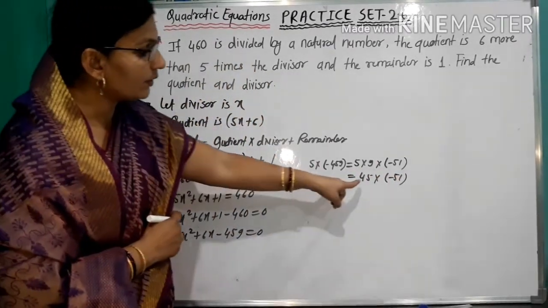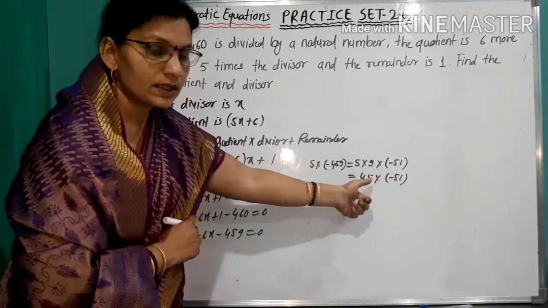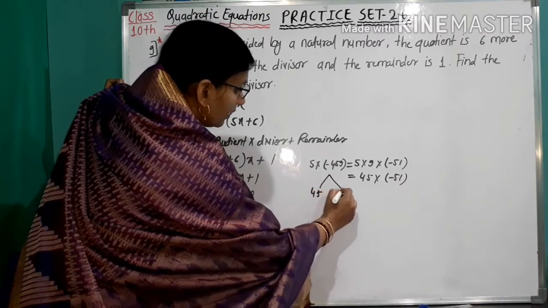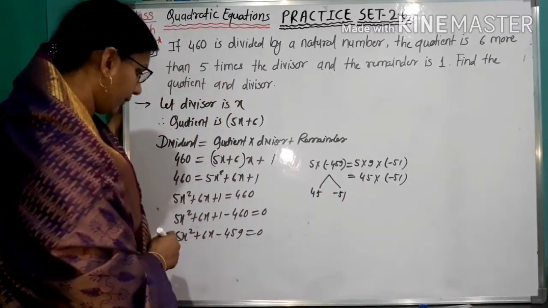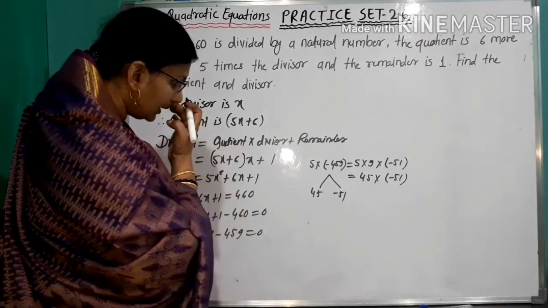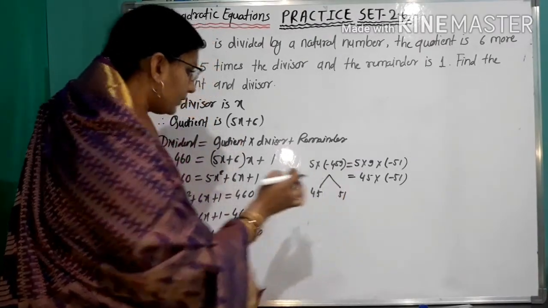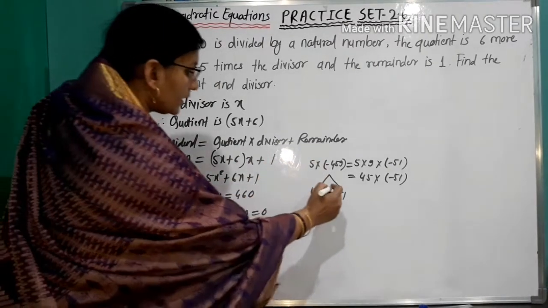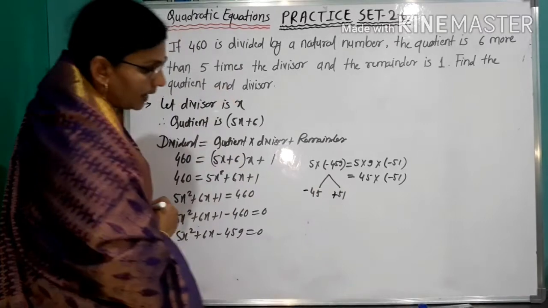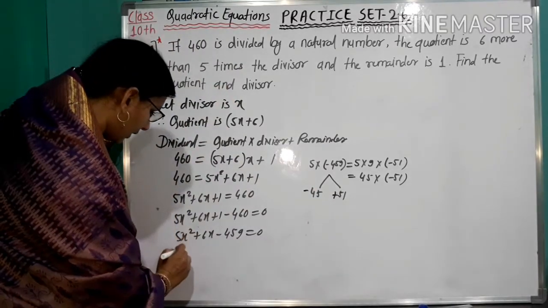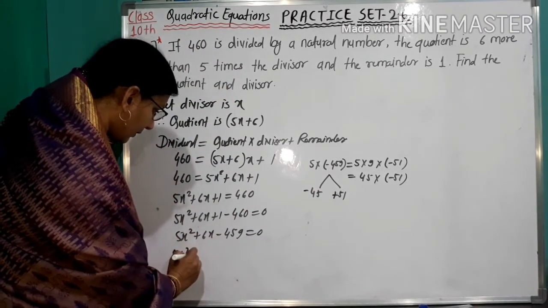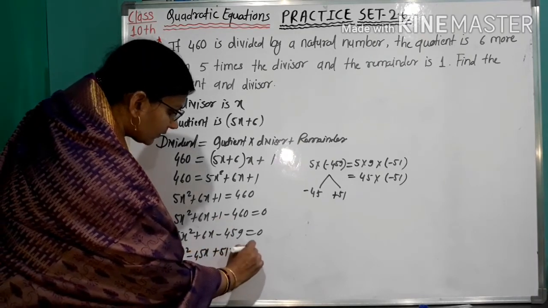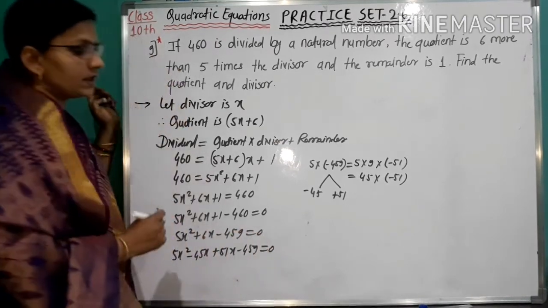Observe the difference between 45 and 51 is 6. So factors of these are 45 and minus 51. Here the middle sign is plus, so the greater factor is plus and the other is minus. Therefore, 5x square minus 45x plus 51x minus 459 equal to 0.